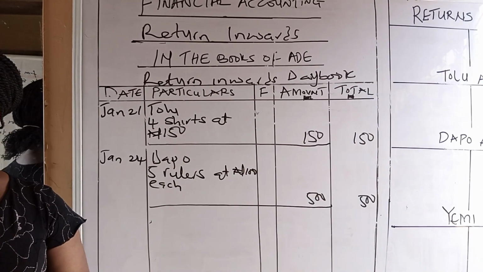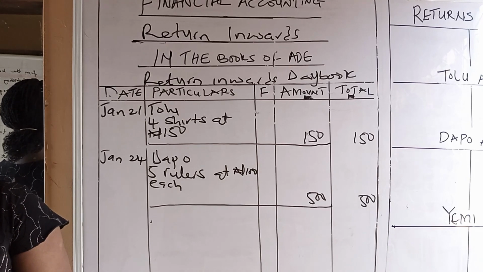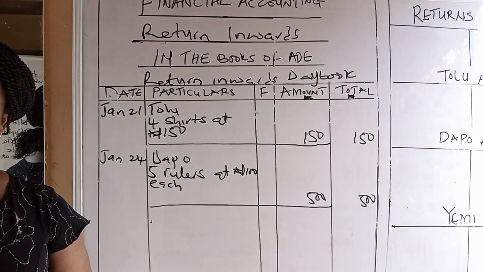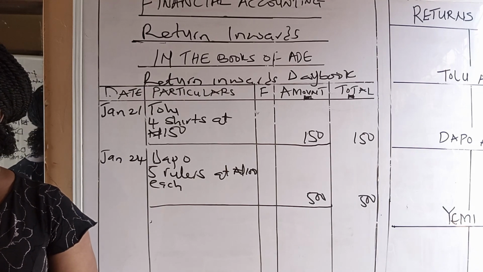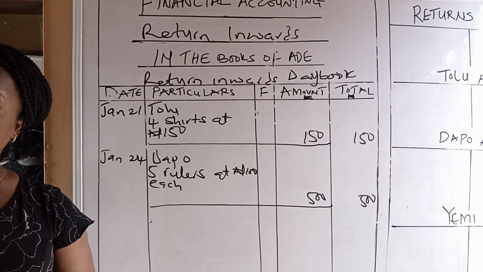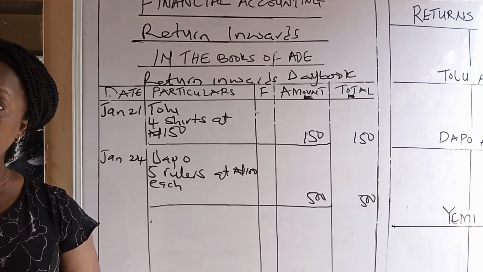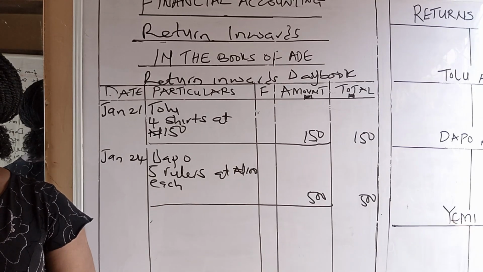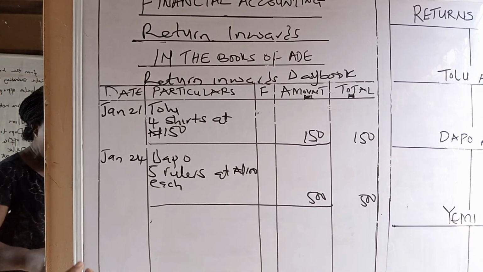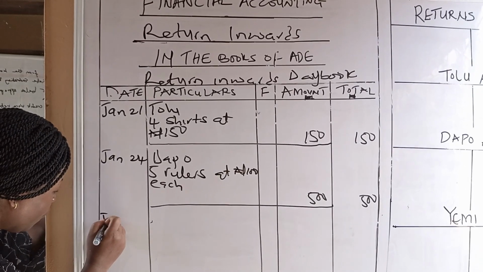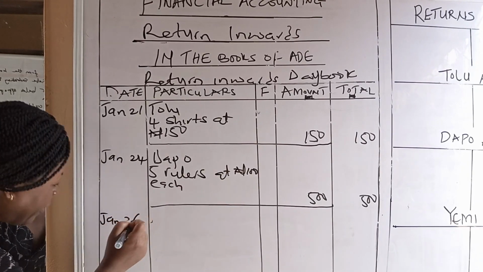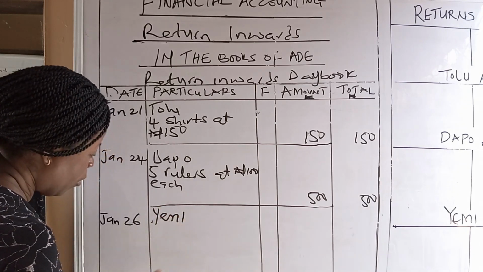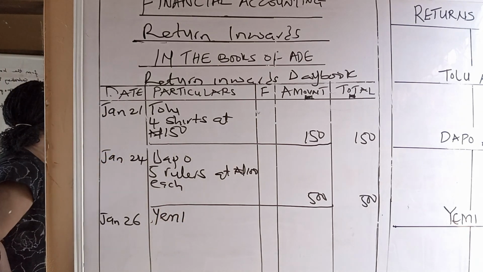Now January 26, goods returned to us by Yemi at 5,000 naira. That is goods worth 5,000 naira. Whose books of subsidiary book of account are we preparing? So we write January 26. The name of the person that returned the goods was Yemi.